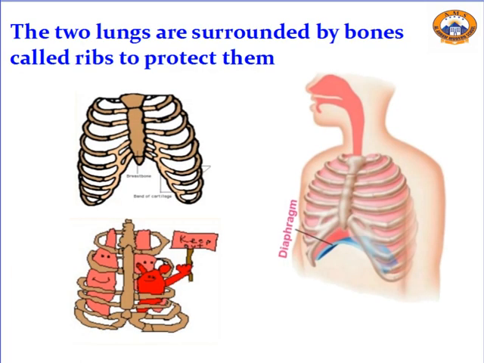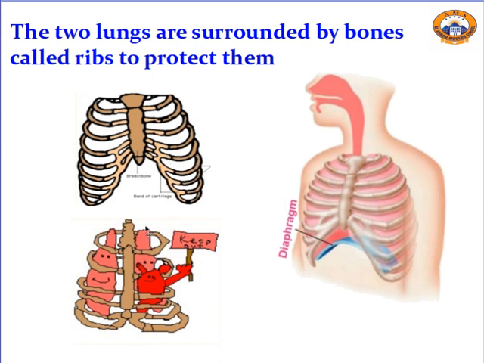Okay? Now, let's talk about the respiratory system. Your respiratory system, or your lungs, are surrounded by bones. These bones are called ribs. These are the ribs. They are strong bones. Why are the two lungs surrounded by bones? To protect them, because the lungs are soft organs. They are very delicate.